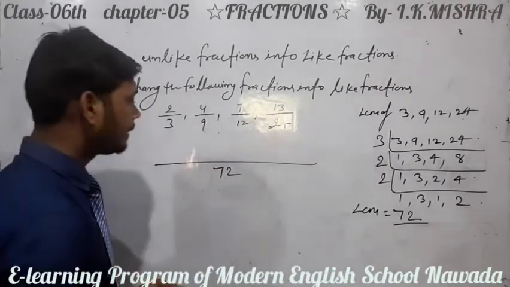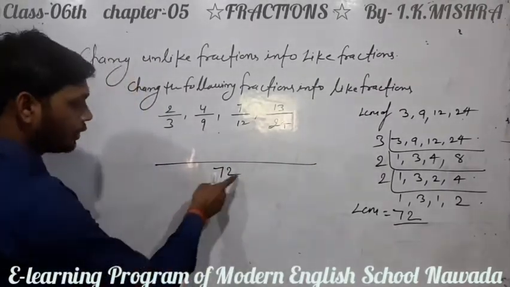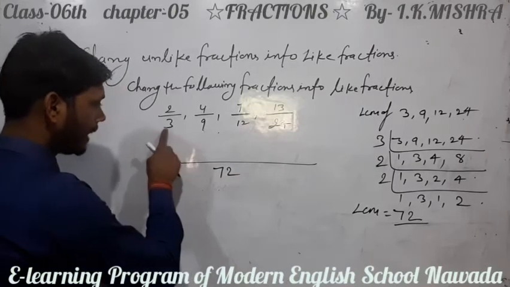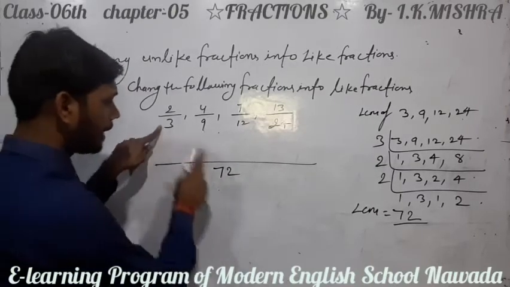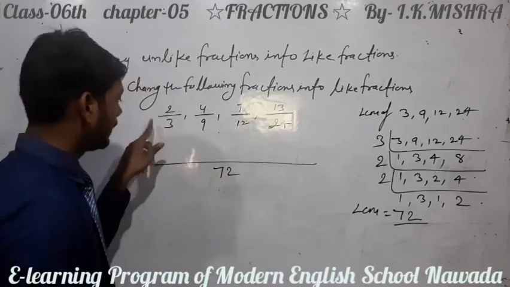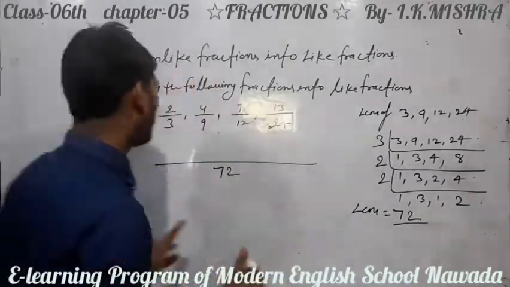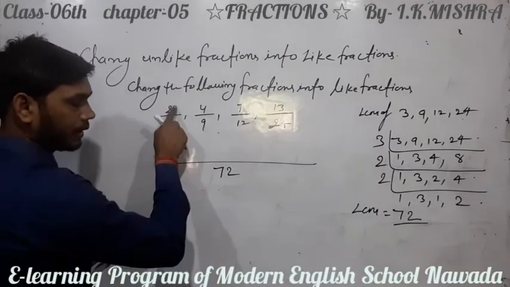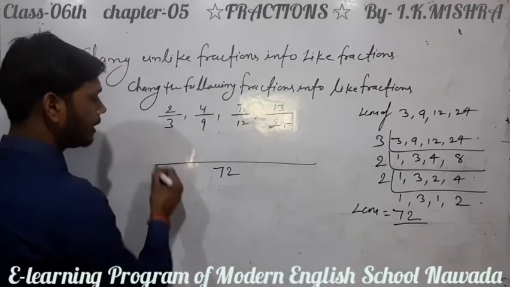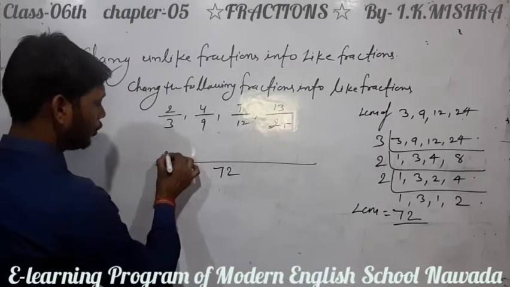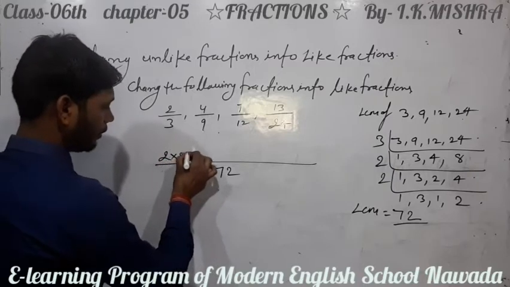And after that, you divide the LCM by the first denominator. When you divide 72 by 3, you will get quotient 24. You multiply the numerator by it, that means here 2 into 24.